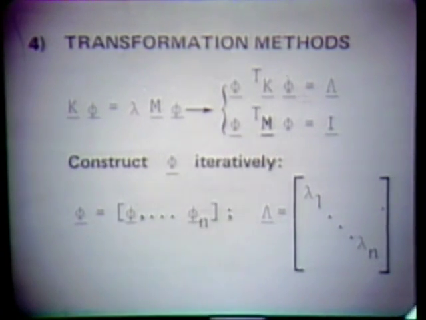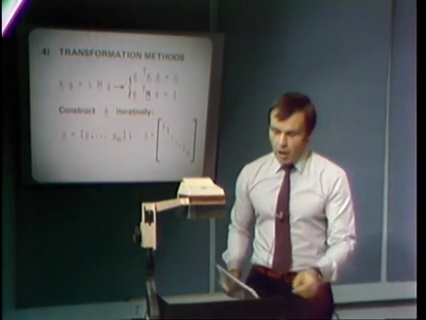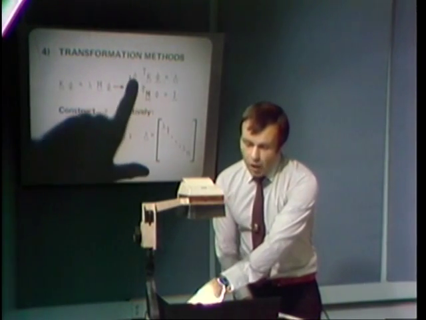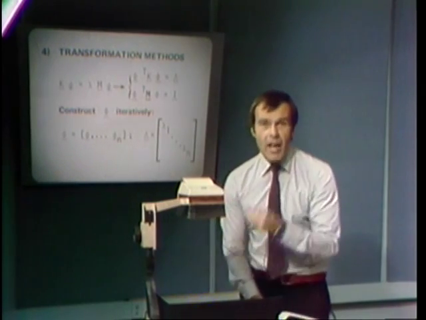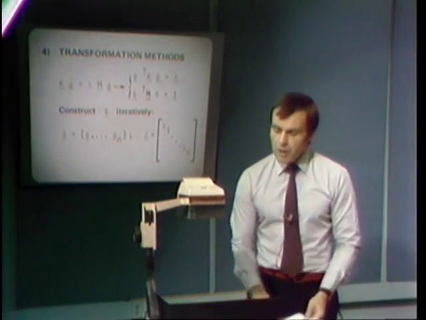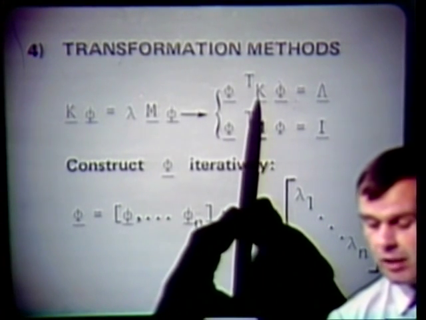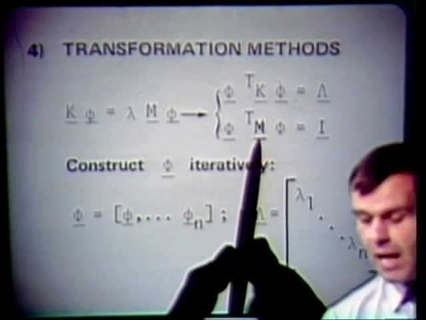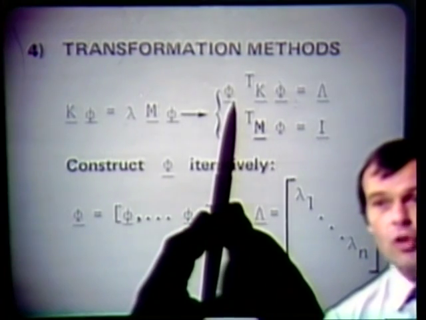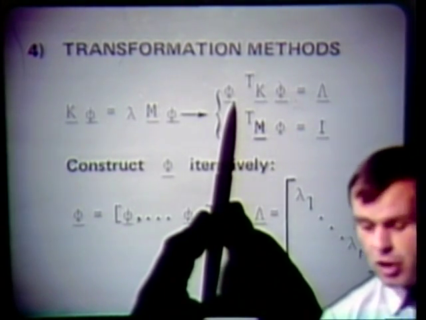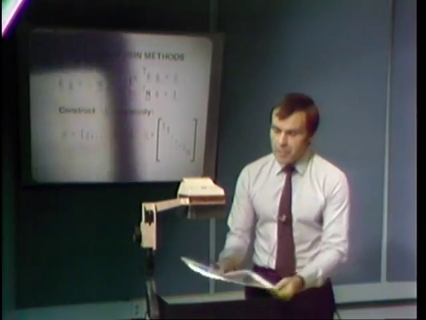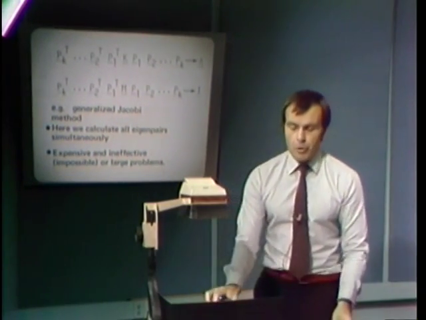This fact, of course, we used already earlier in the mode superposition analysis. Now, how can we get phi and lambda? That is our objective. Well, if we know that this matrix diagonalizes the K matrix and it also diagonalizes the M matrix, then why not try to construct it by iteration? And this is the basic idea in the transformation methods.